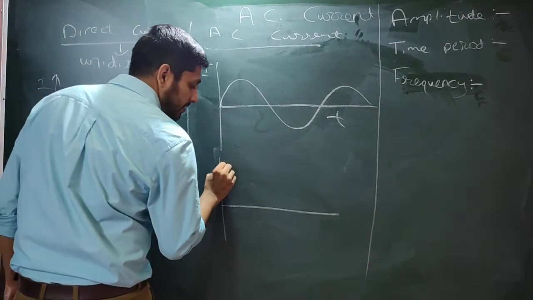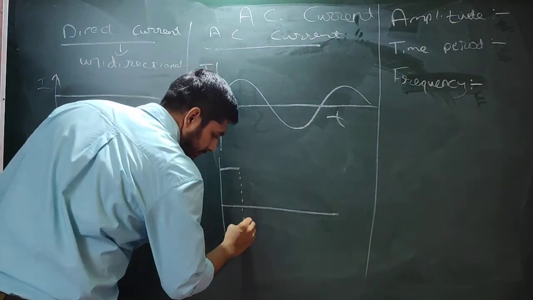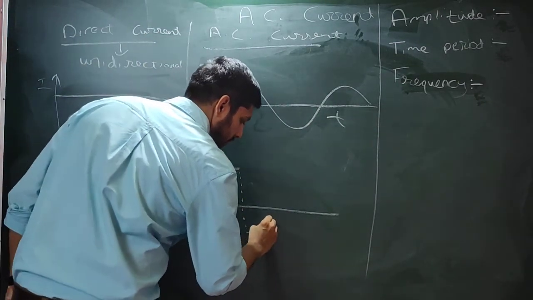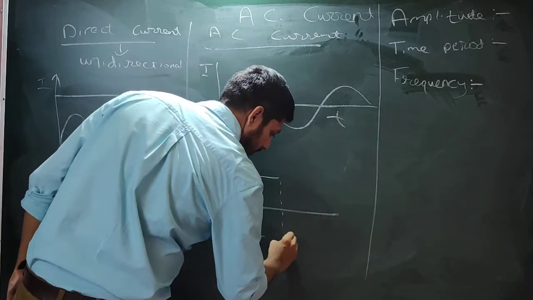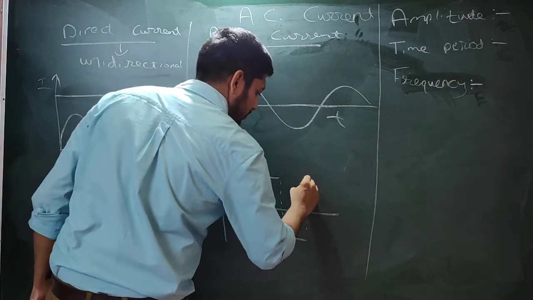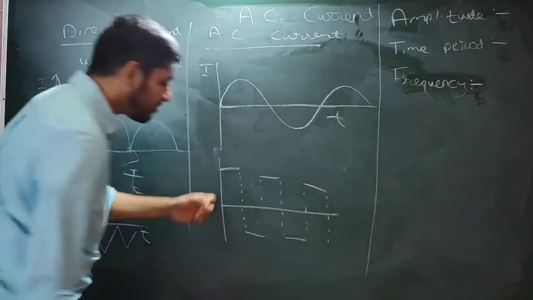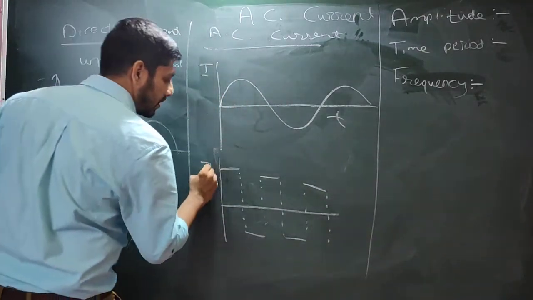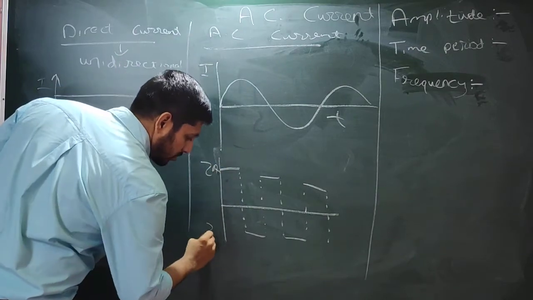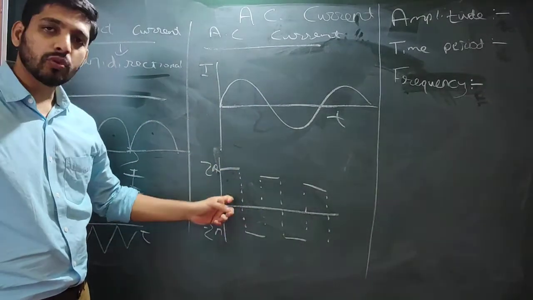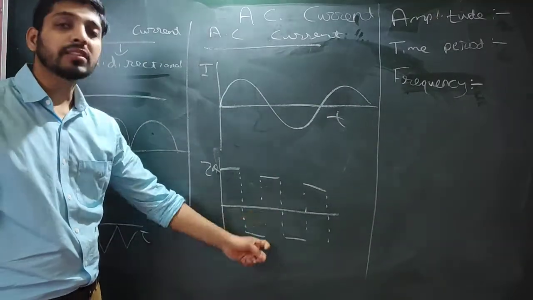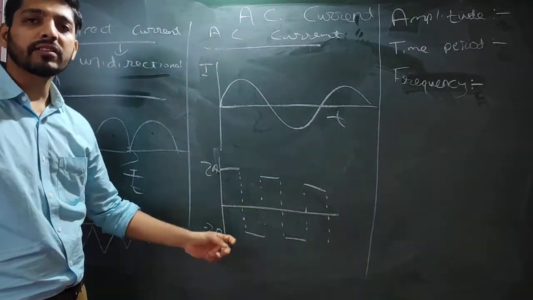Suppose it is like this. Here you can say the magnitude, let us say 2 ampere. Here also, let us say minus 2 ampere. So the magnitude remains the same, that is 2, but the direction keeps on changing. The magnitude remains constant, but the direction changes.